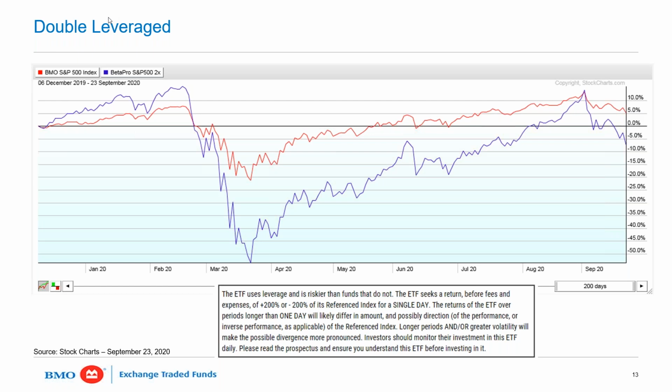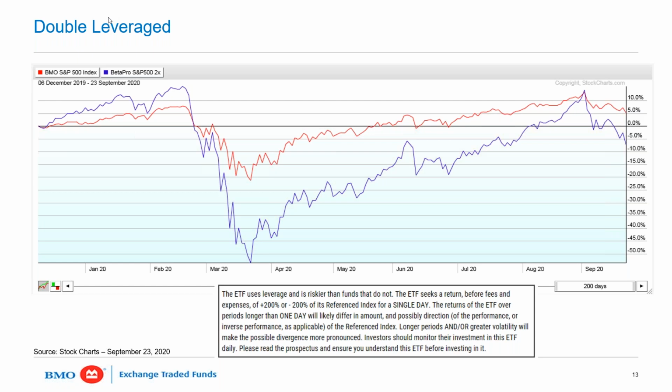So on a day-to-day basis, they will give you that double exposure. And because of that daily reset, these are really used more as trading vehicles rather than investment vehicles. An investment vehicle is something we think of as a buy and hold investment. You buy the S&P 500 over time, and hopefully it goes up over time.